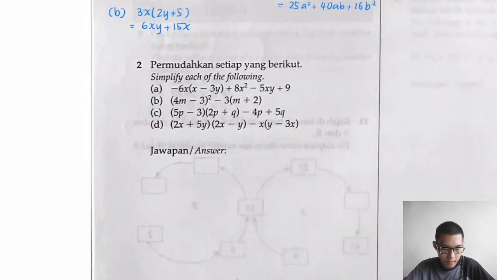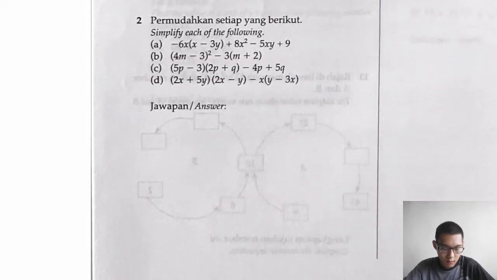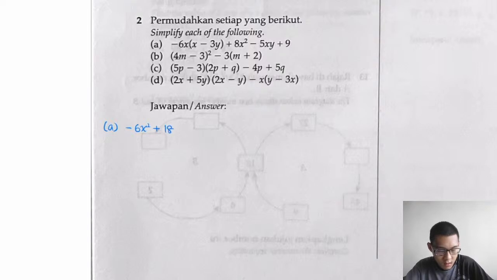Okay, question 2. Simplify each of the following. We need to simplify. How to simplify? The first thing is we need to expand what we have. So let's say for question A, we have negative 6x squared, negative becomes positive, 6 times 3 is 18xy, and then we plus 8x squared minus 5xy minus 9.